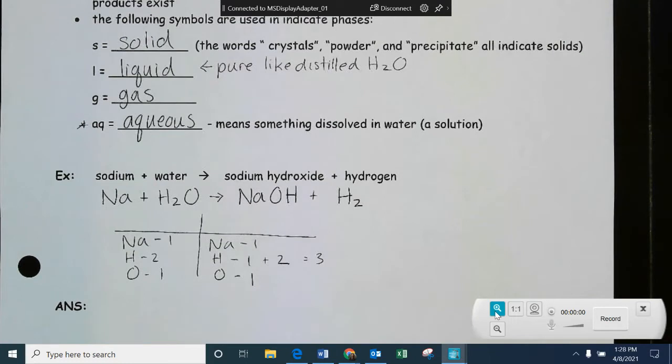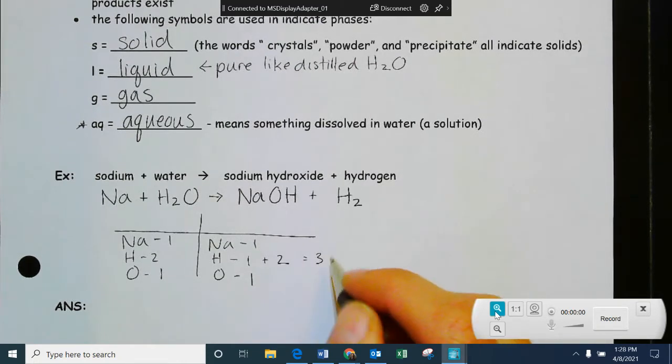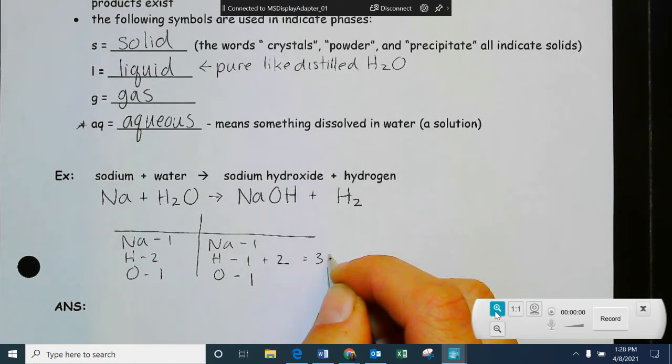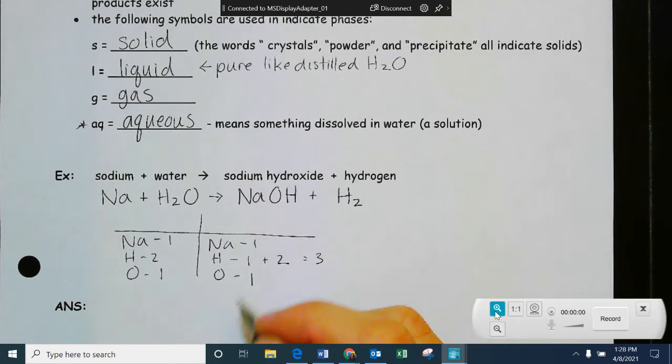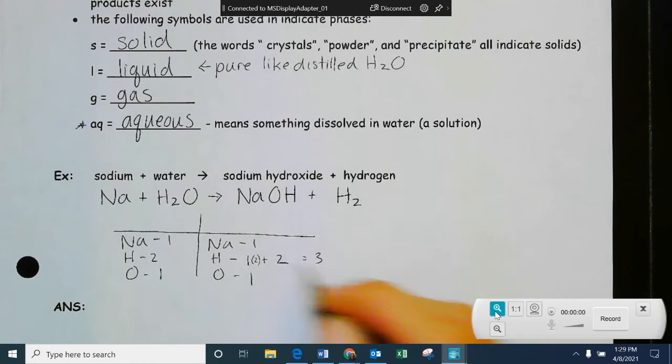So 3 of those total. The probably easiest way to do this is to start by noting our sodiums are okay right now. Take our hydrogens, and I would just multiply our 1 hydrogen by 2 to make 2. So we have 4.